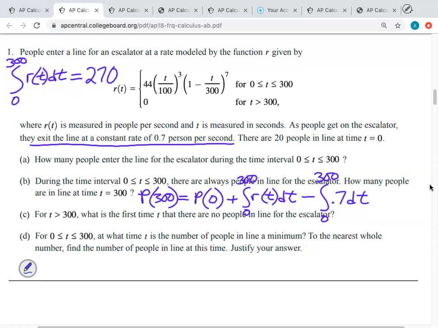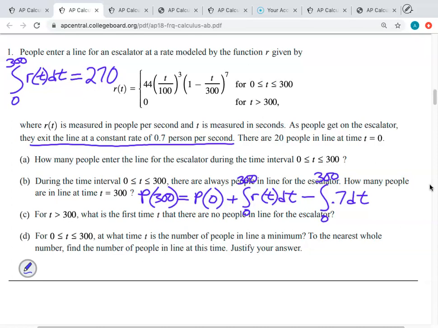So you have to have number equals number plus number minus number. But you would plug in the 300 for the t, though. Correct. Would it be fine if you did minus 0.7 t when t equals 300? That you could do, but how is that faster than just writing the integral? But you're absolutely right. That's equivalent, because the antiderivative of 0.7 is 0.7 t.